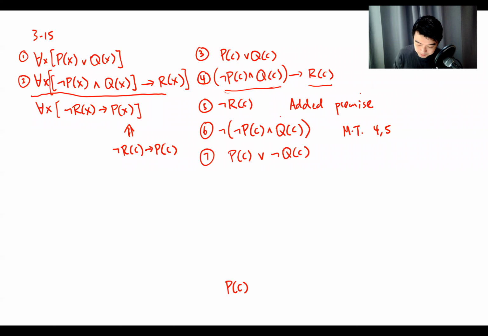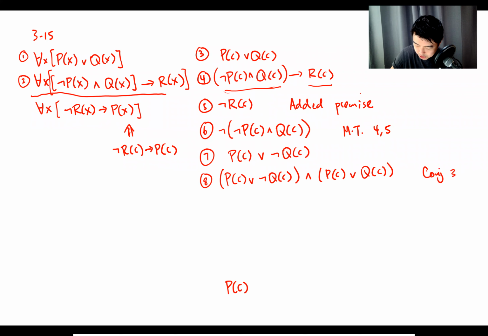And now we're pretty close because you can see that we have number 3 and we have number 7. So you can probably guess here that P of C is going to be true, but we still have to go through the process. So for number 8, I'm going to combine the two. I'm going to say P of C or not Q of C, and P of C or Q of C. So I'm going to and number 3 and number 7 together, and that is called the conjunction law.